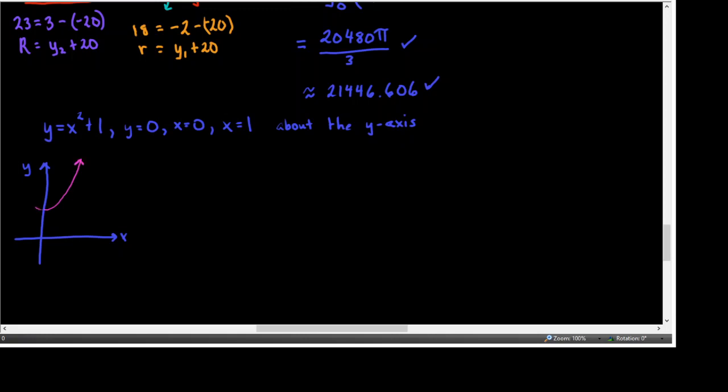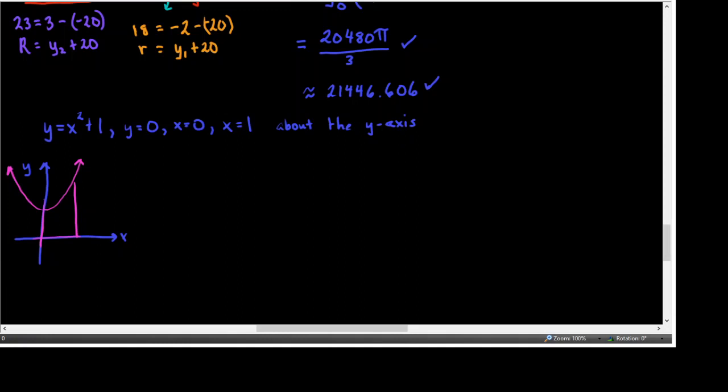I could sketch in the other half if you want me to, but as it turns out, the right-hand side is all we really care about. That's one boundary. The other boundaries are y equals 0, the x-axis, x equals 0, the y-axis, and x equals 1, which is right there. So that's what our region looks like.